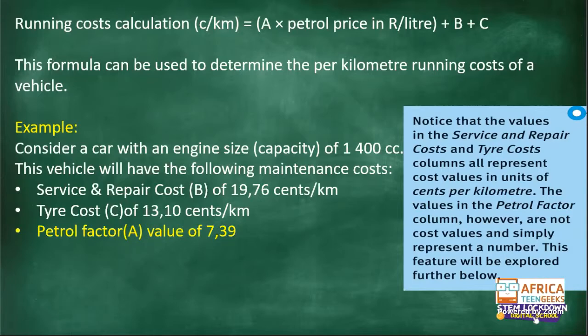And that is the corresponding factor, which is corresponding with the engine capacity there, which is 1,400 cc. Now when you have these values, the only thing that you need, like I said, will be just the price of petrol so that we can complete our calculations.